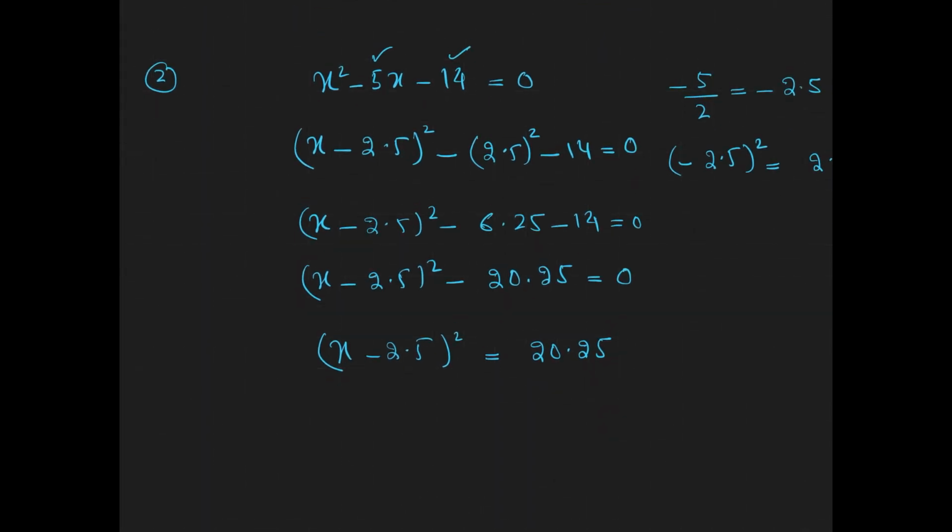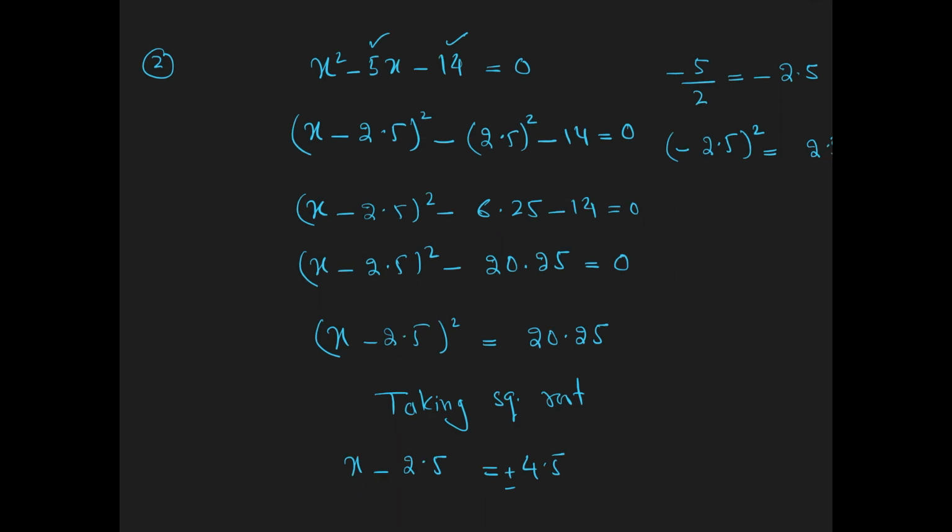Taking square root on both sides, we will get x minus 2.5 is equal to square root of 20.25 is 4.5 with a positive and negative sign. We know that whenever we work out a square root, it ends up in two answers, one positive and one negative.